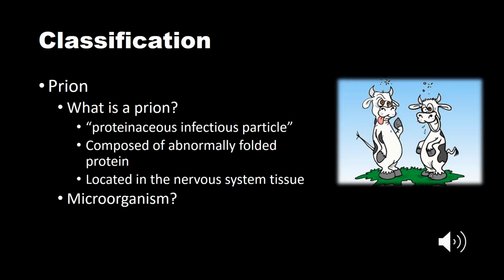So how do we classify this microorganism? I don't necessarily think we can, because starting from the top with the kingdom, it doesn't really fall under one of the 6 normal groups, because this is just an abnormal protein. As we've learned so far, the 6 kingdoms are going to be the Archaebacteria, Eubacteria, Protista, Animalia, Plantae, and Fungi.